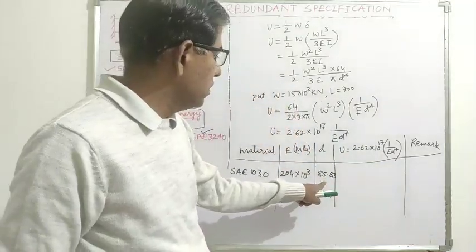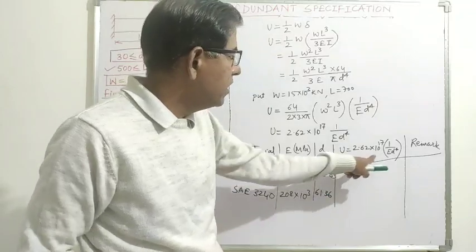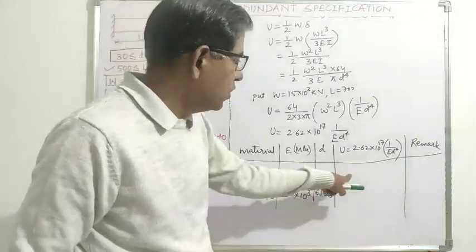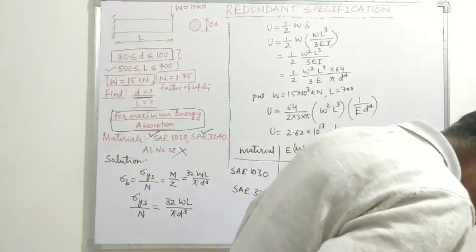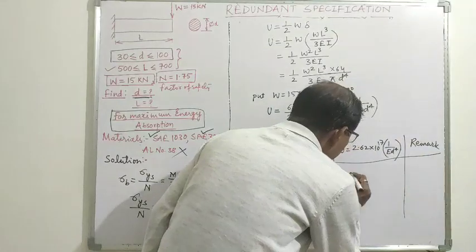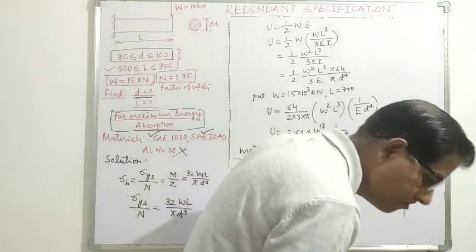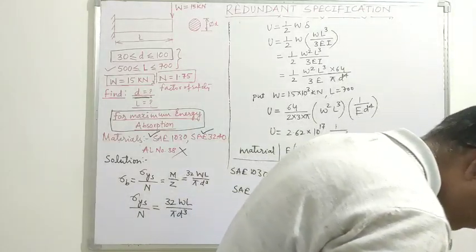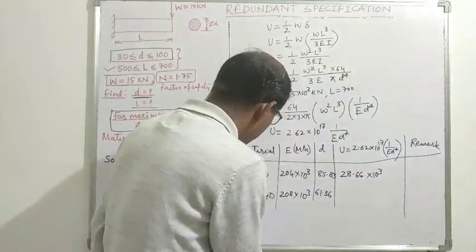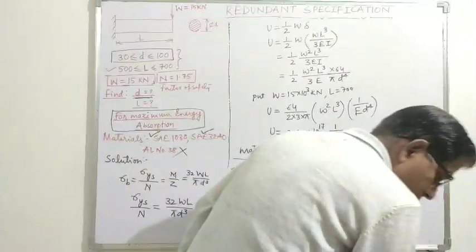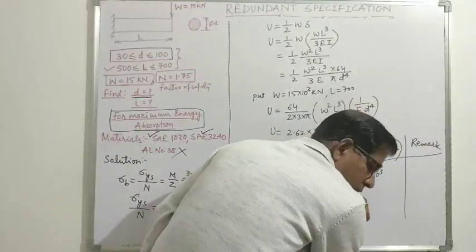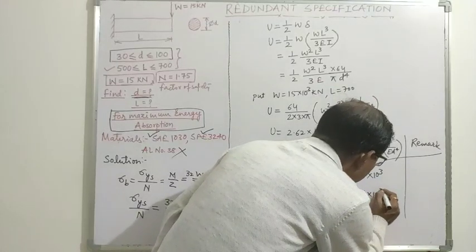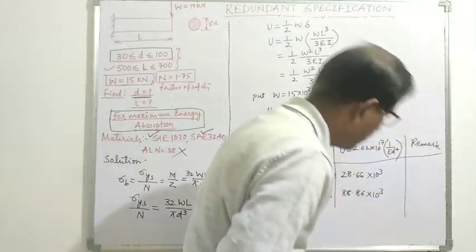Now if you put these values of E and D in this equation, then for SAE 1030 the maximum energy absorption comes out to be 28.66 × 10^3, and that of SAE 3240 is 88.86 × 10^3.